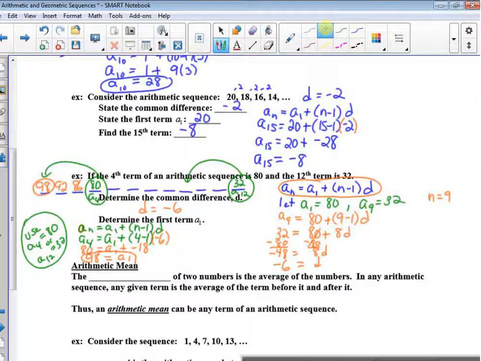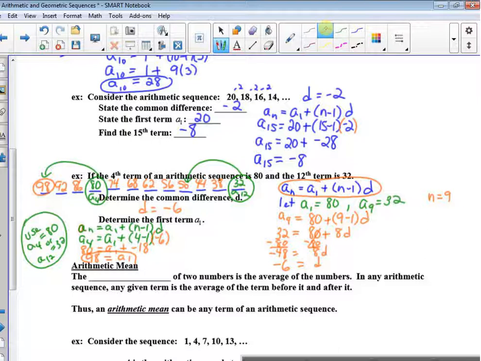And then if you now do 80 minus 6, this would be 74. 74 minus 6 is 68, minus 6 is 62, minus 6 is 56, minus 6 is 50, minus 6 is 44, minus 6 is 38, minus 6 is 32. So it all checks out.